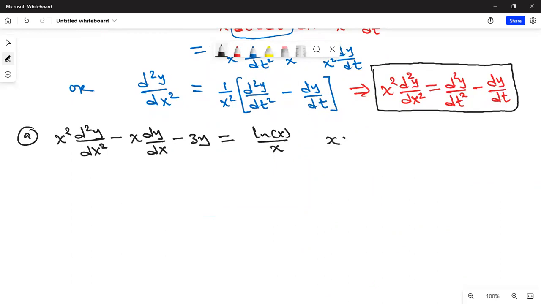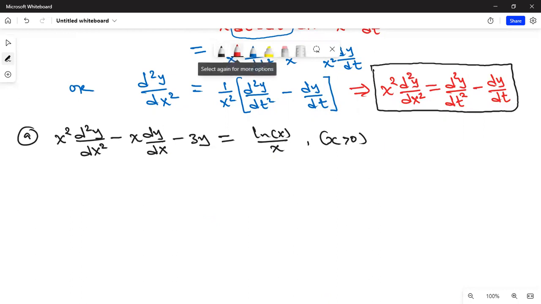Remember, x is greater than 0. Why must we have this condition? When you talk of natural log, it is only defined when the parameter is greater than 0. So you cannot get log of 0 because log of 0 is infinity and log of a negative number is also infinity. So we require that the parameter has to be a number greater than 0.